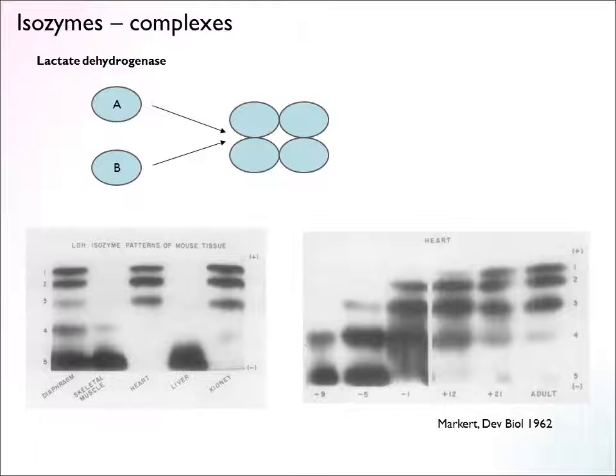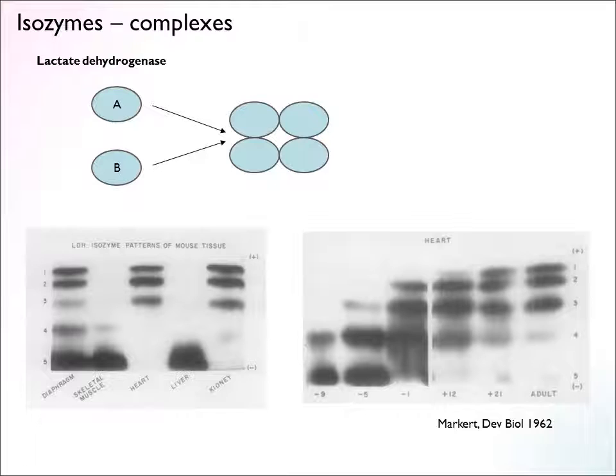There are two major forms that are expressed, two paralogous genes that encode these forms. But it's a tetramer, and so you can form at least five. If you just count the number of A's and B's, then you can form five variants of lactate dehydrogenase. You could argue that it might also matter in which position A and B is in this tetramer, but usually people talk about the five possible forms.